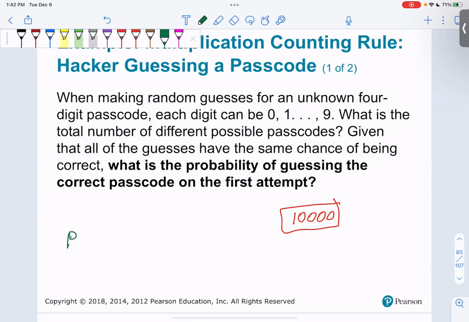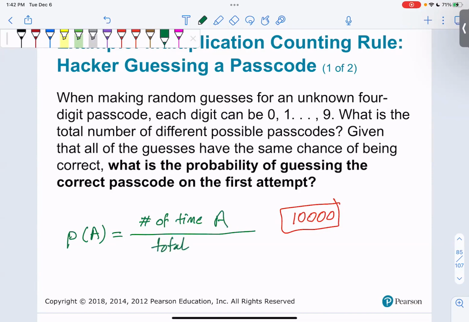So what we said yesterday, the probability is the number of times A occurs divided by the total number of times we repeat this procedure, okay? The total number clearly is 10,000, right? And how many correct passcodes?